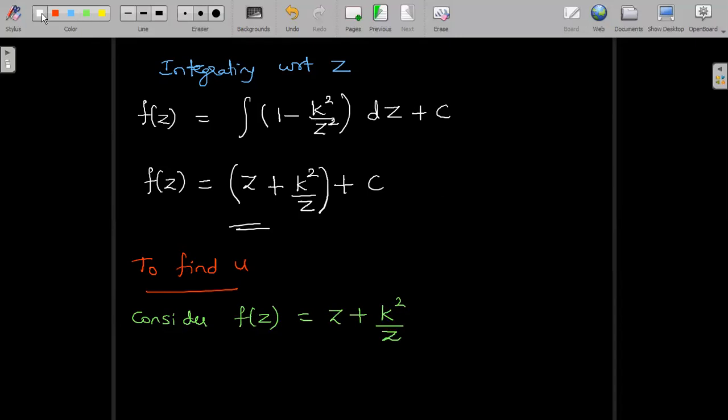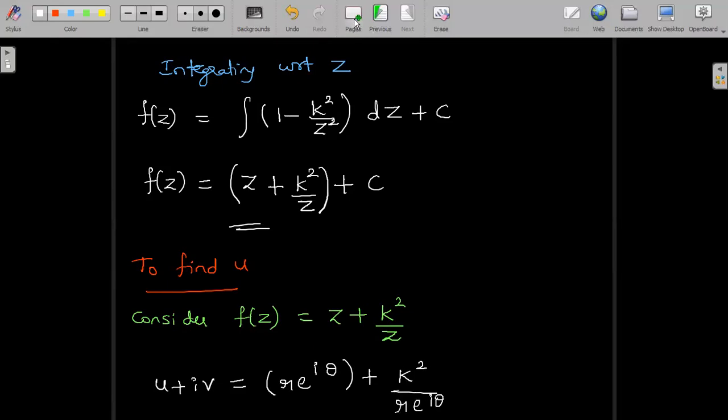With this we substitute the polar representation on the right hand side. Substituting f of z as u plus iv, we substitute the polar representation, because the question is in polar form. z plus k square divided by z, where z is r e power i theta.